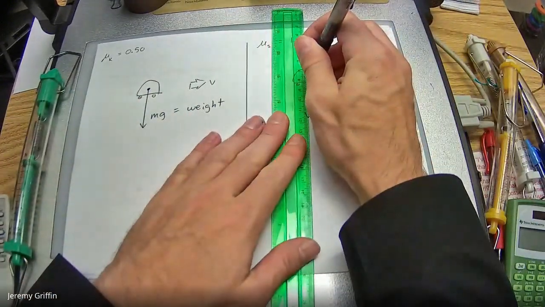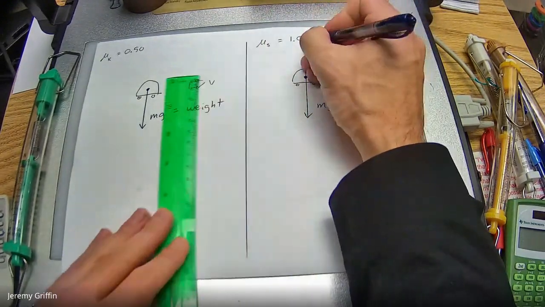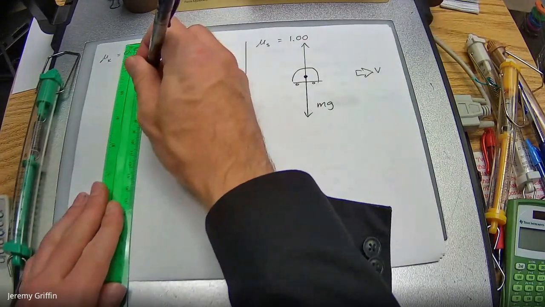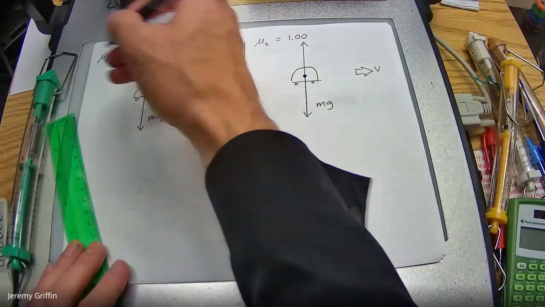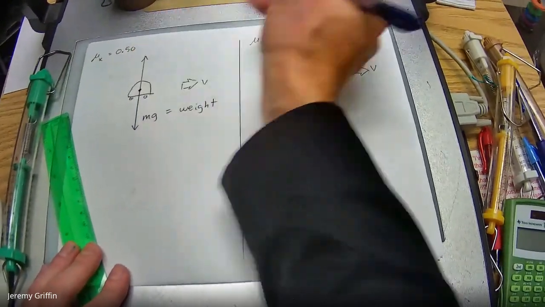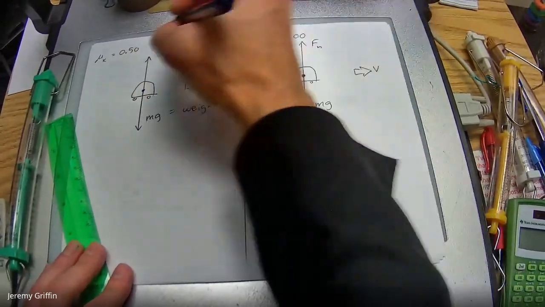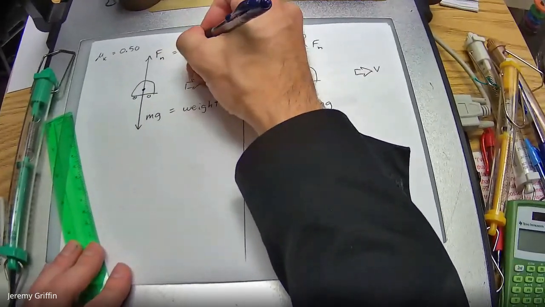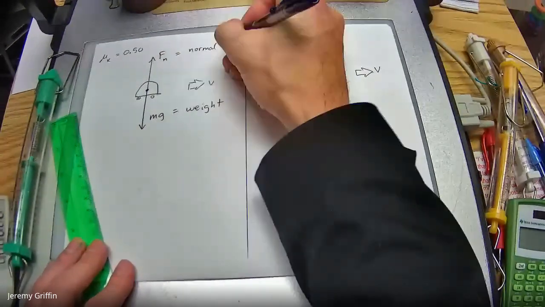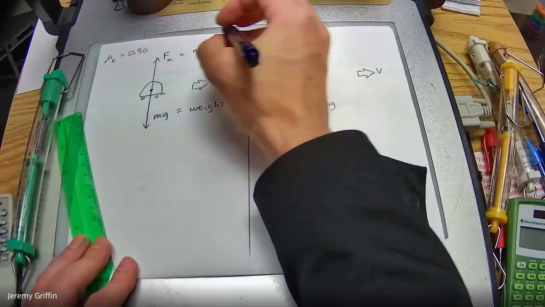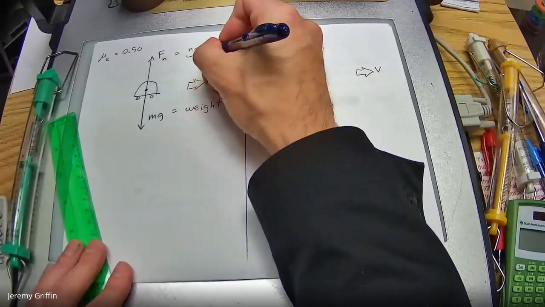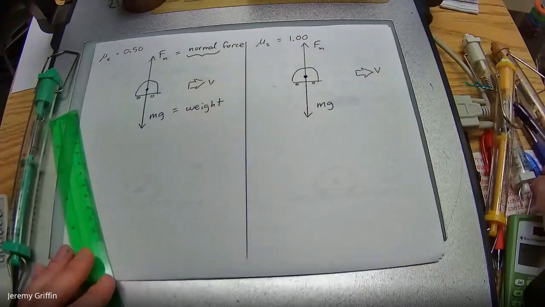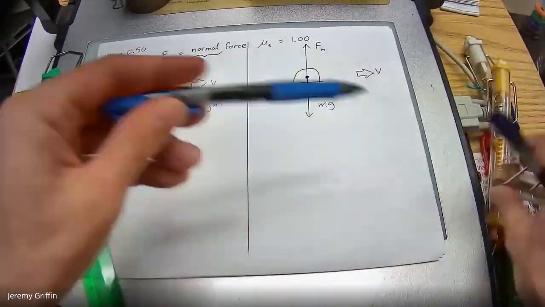Do you guys remember what the name of this force is that's holding the car up? Normal force. Yeah, normal force. So I'll label this F sub n for normal force. And what does normal mean again? If two lines are normal to each other, that means they are what?